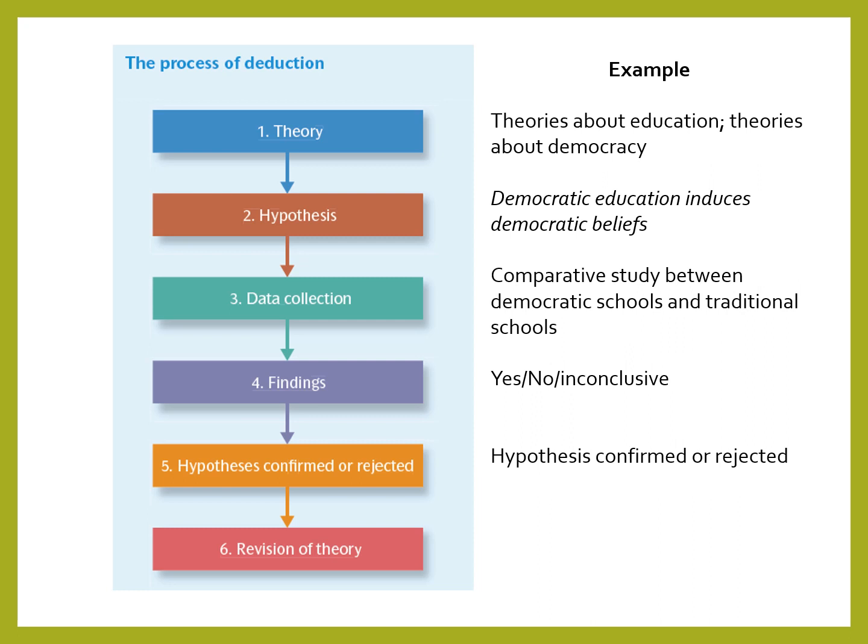Eventually, we will arrive at a conclusion which will confirm or reject the hypothesis. This is how the deductive approach works, starting with the theories that we have, deducing a hypothesis, the study itself, and then we arrive at our conclusion, which confirms or rejects the initial hypothesis.